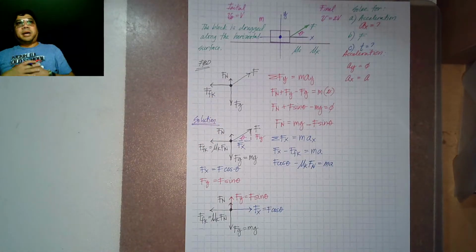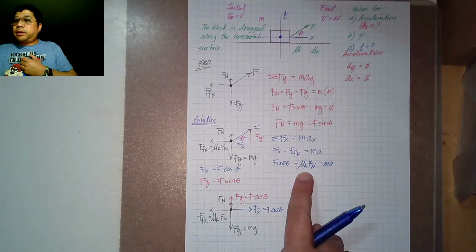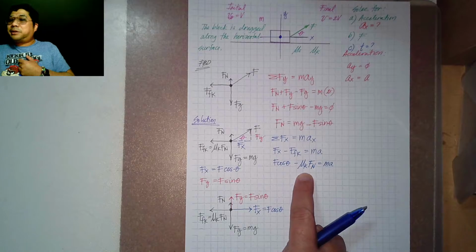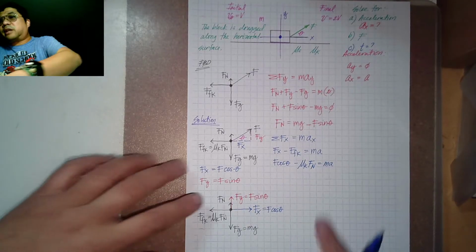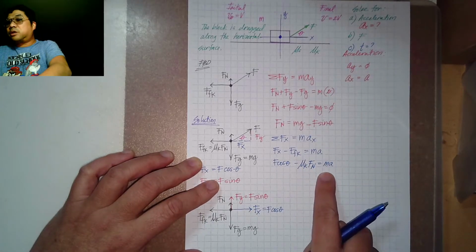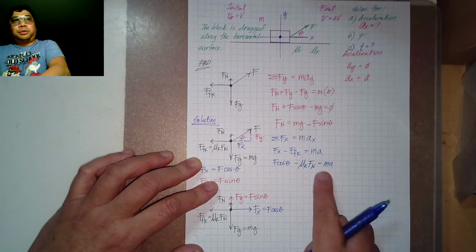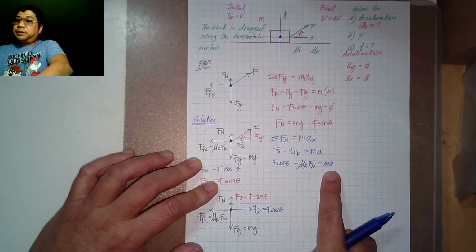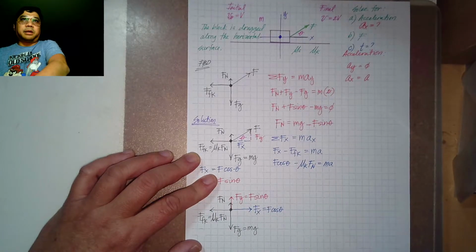For us to solve, the kinetic friction is something that's already provided to us. So we are not solving for the kinetic friction, but instead we are solving for the acceleration due to the applied force. So all we have to do is divide both sides by mass to get our acceleration.